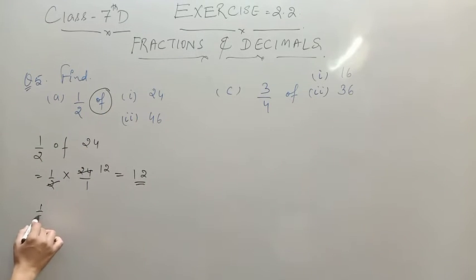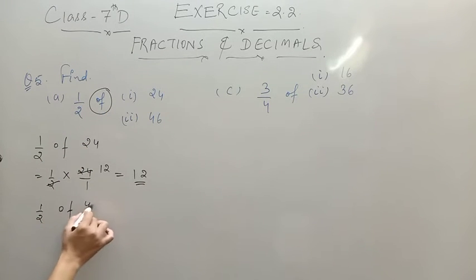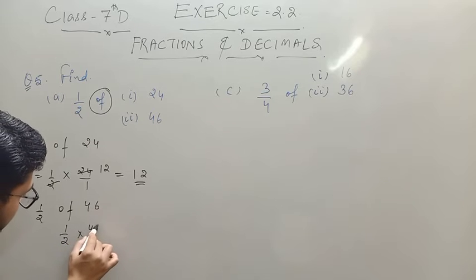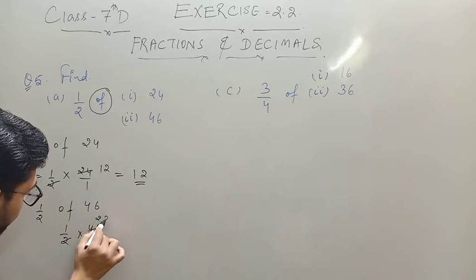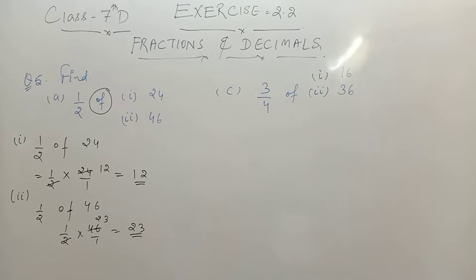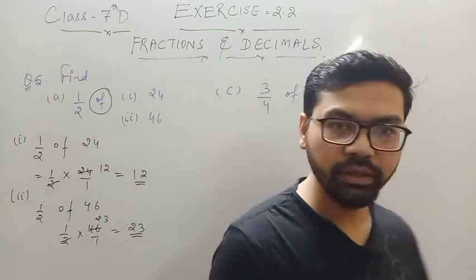Similarly half of 46, so this was your first part and this is your second part. So half of 46 means 2 2s are 4, 2 3s are 6, that means 23. Note it down fast. I hope this thing is visible clearly.